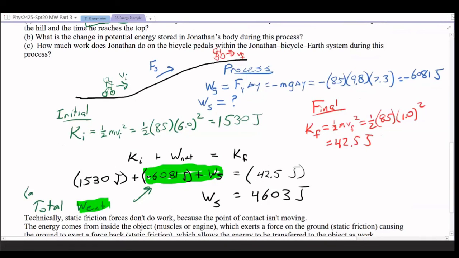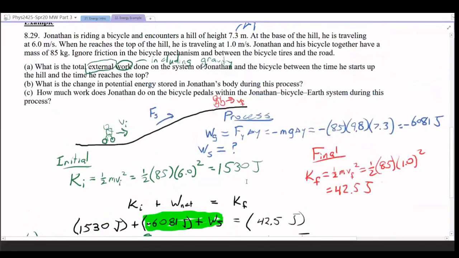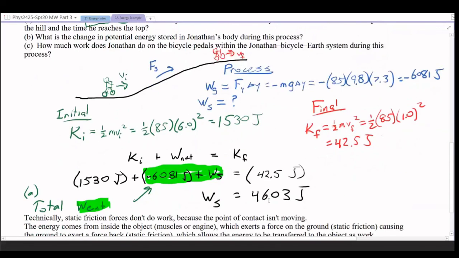That's part A. Part B, what is the change in potential energy stored in Jonathan's body during the process? I would say that is this W sub S. I don't like this term, but Jonathan's body loses, this person's named Jonathan, okay, loses 4603 joules during this process, and that means that Jonathan has to do 4603 joules of work in the process.